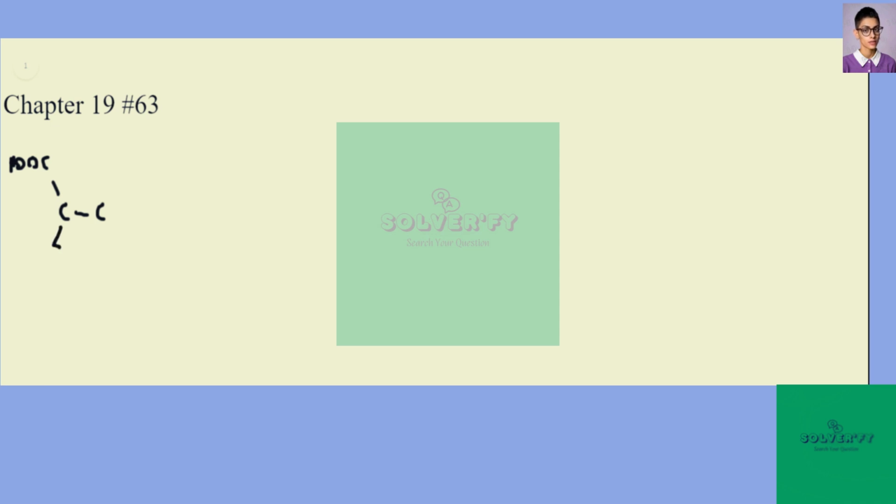Then we'll put the amine here, and that's going to put a hydrogen on a dash. On the other carbon, I'll put this methyl group down there. We'll put hydrogen on a dash there, and that's going to make the alcohol here on a wedge.